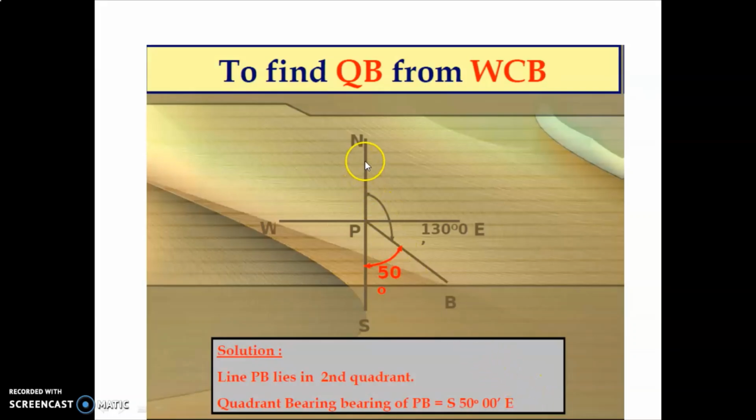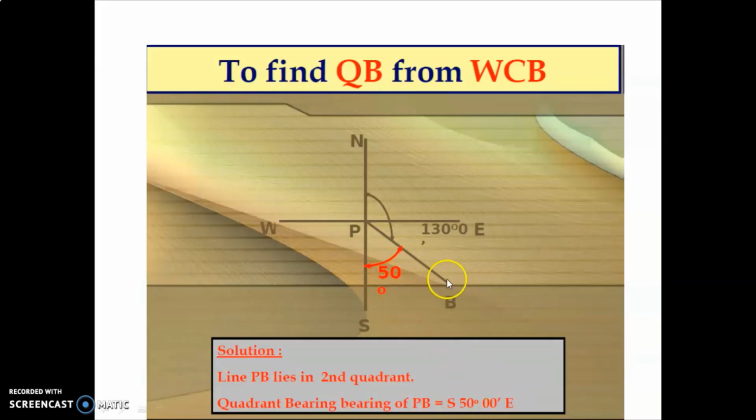How? You can see from here to here, north to south, what is the value? Total 180 degrees, and already 130 is given to you, and you have to calculate the value from here to here. So from 180 you have to deduct 130. So 180 minus 130, what will be the value? 50. And why south?